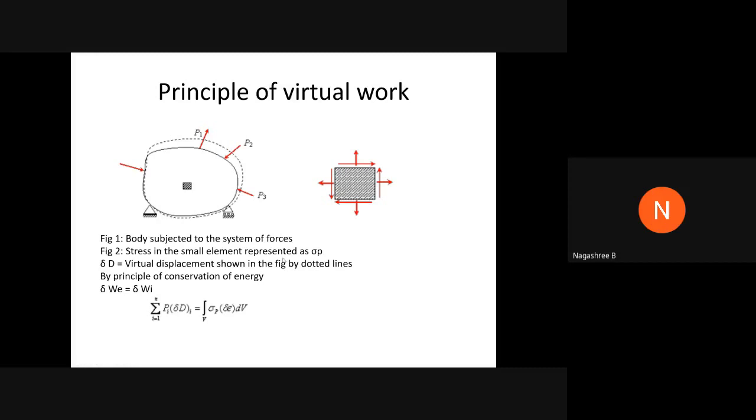Okay, so this is the value of Pi into delta di. Here Pi represents the external force, which is between 1 to 3, and delta di is the deflection.